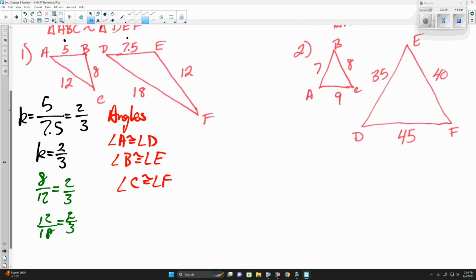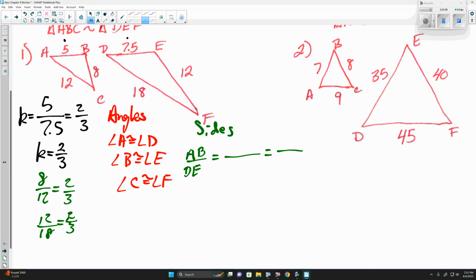Now the last thing we need is our sides proportionality statement. Now for this here, because it did not give us a direction, from bigger to smaller or smaller to bigger, I just need to pick a side length to start with. So AB, and it's going to be over DE.